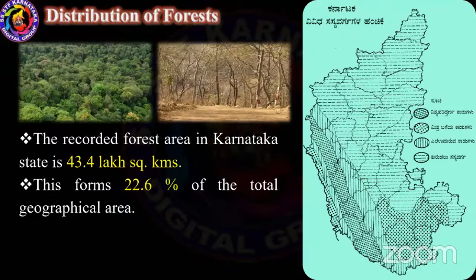Karnataka has around 23, and India about 22. The entire Karnataka has only 22.6% of the total geographical area under the forest. But it should be 33%. Therefore, it is less. Nearly 10% less is there. Karnataka has 10% less geographical area regarding forest.